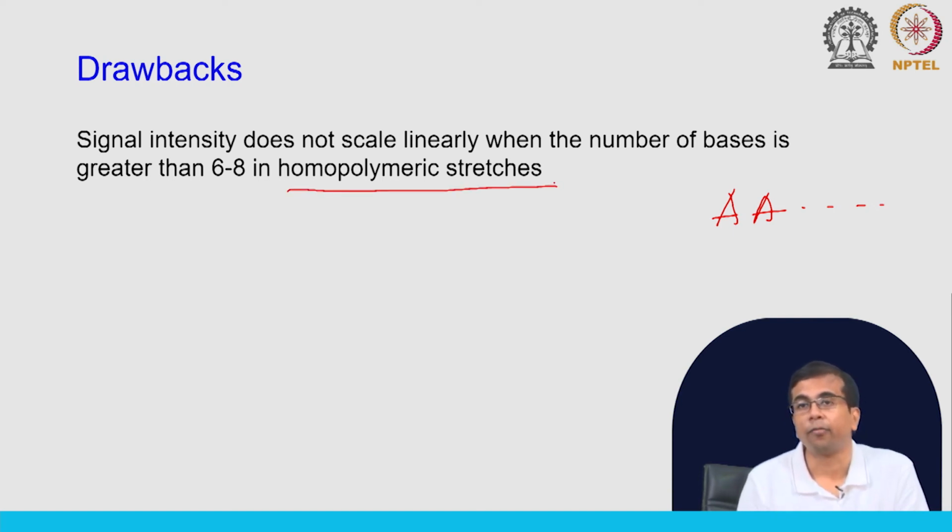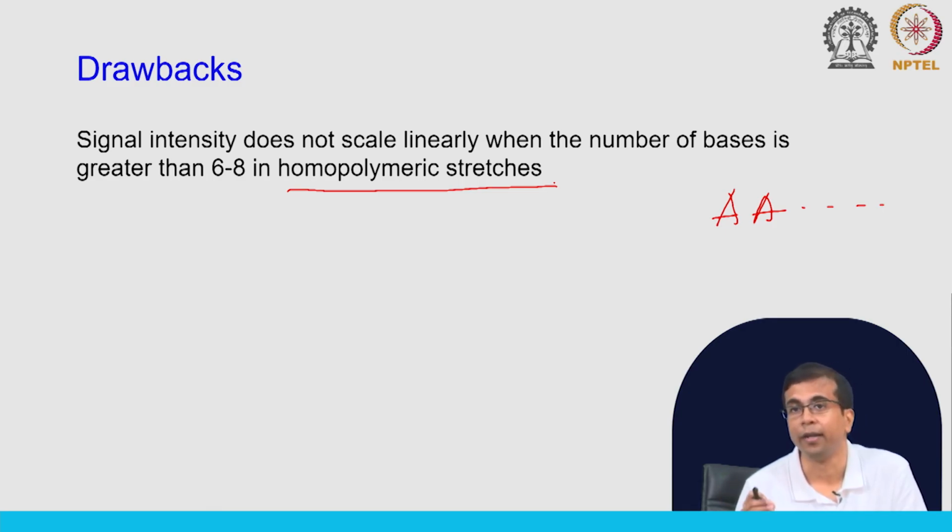Now, what happens in 454, as you have seen, is the signal intensity goes up. If you have addition of just one base, you have some signal intensity. If you have two bases, the signal intensity should be double, with 3 bases triple, and so on. It should go up linearly. What the researchers saw is that this signal was not proportional after a certain length. After you reach these 6 or 8 bases, beyond that the signal was no longer proportional to the number of bases.